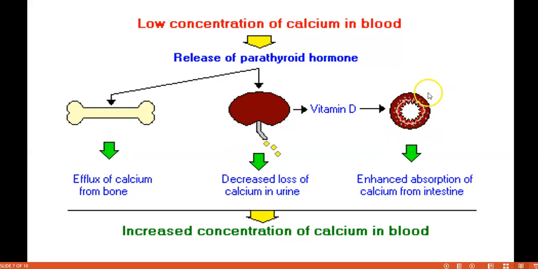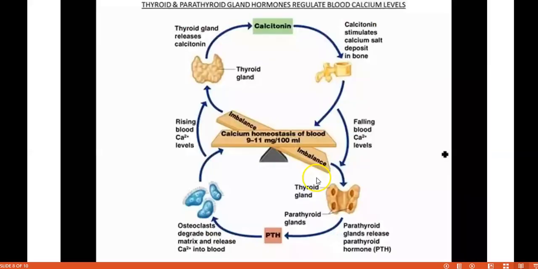And third, in the intestine it enhances the absorption of calcium from the intestines with the help of vitamin D. So these are the three main functions of the parathyroid hormone. You must remember these, and then we find increased concentrations of calcium in the blood.